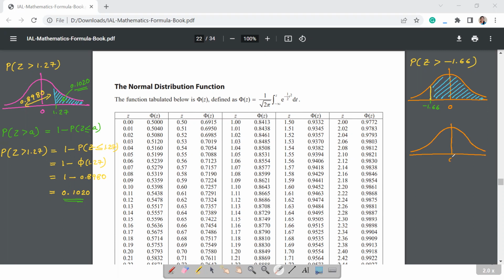Here, this is 0, and minus 1.66 was over here. If I go to the other side and go to positive 1.66, it's the exact same distance away from the mean, right? I'm going to take the positive value away from the mean. Guys, what do you think about this? I'm going to take this area.